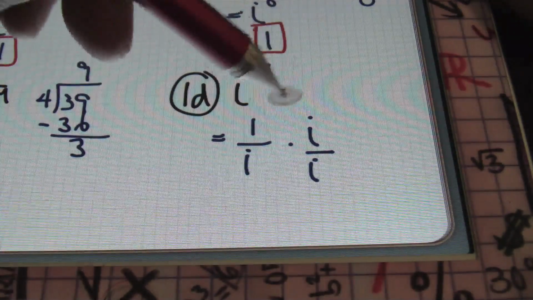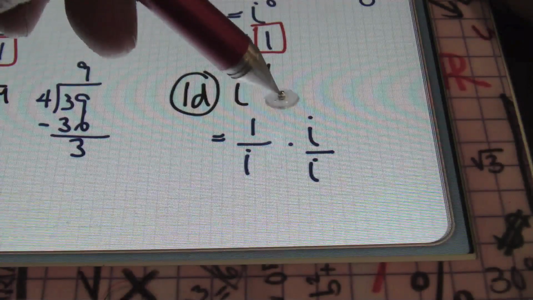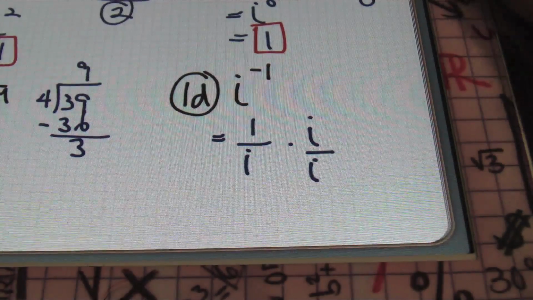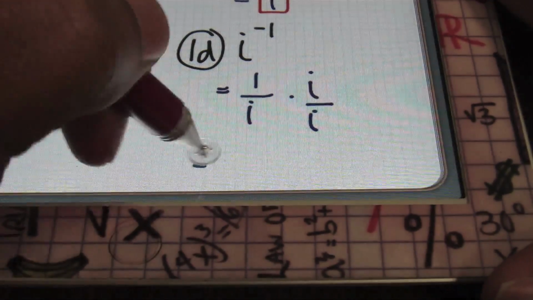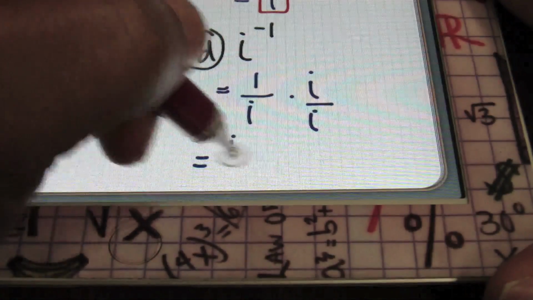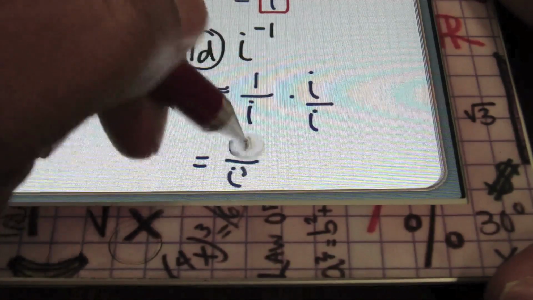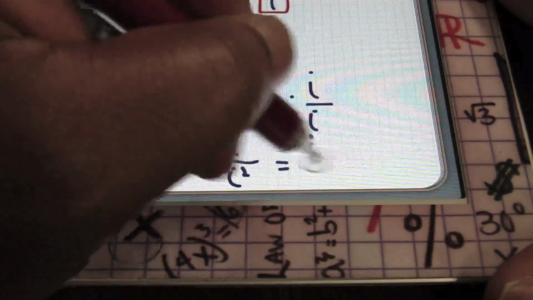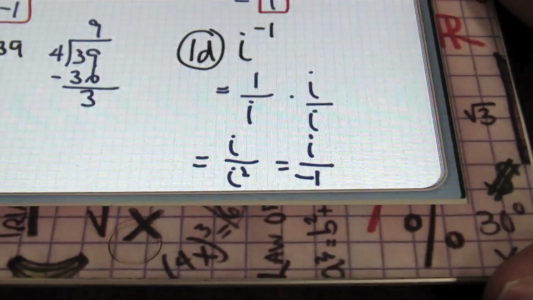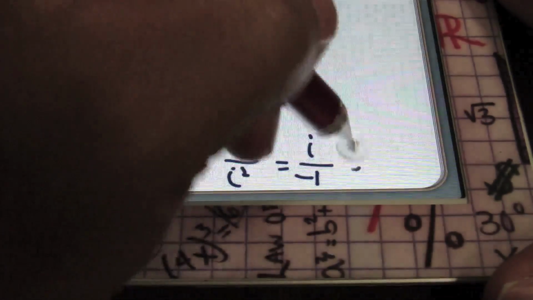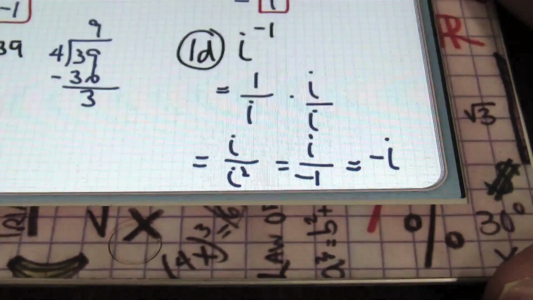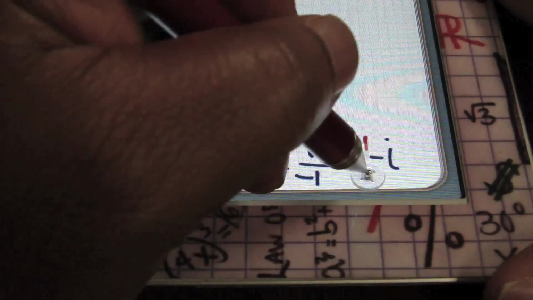So the form of 1 that we'll use to rationalize this is i over i. From there, we'll multiply straight across: 1 times i is i, and i times i is i squared. Remember that i squared equals -1, so i divided by -1 is going to be -i, which is our answer here. And this is the result.